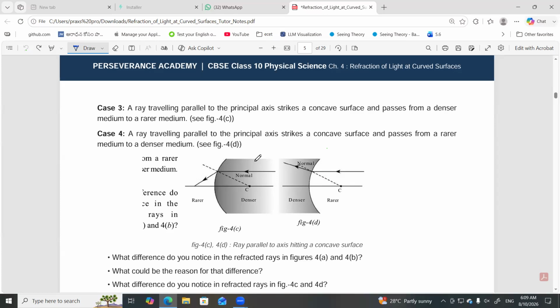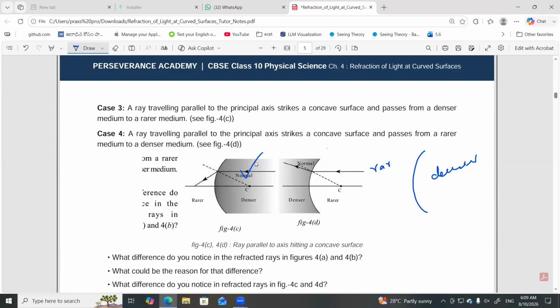In this case 3 and case 4 diagram, what do you see? Light ray is coming from denser medium to rarer medium. So please see this particular diagram. This is the denser one. This is the rarer one.